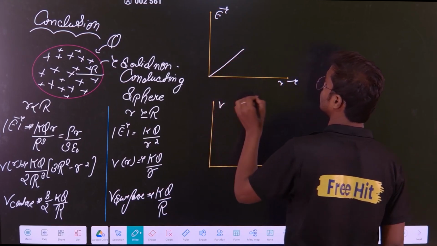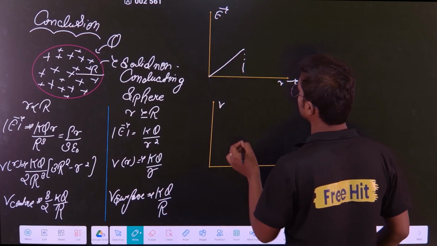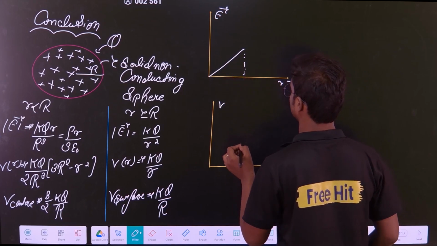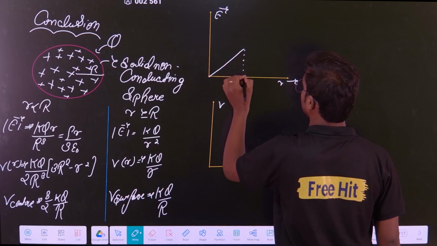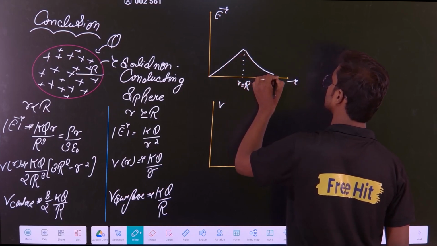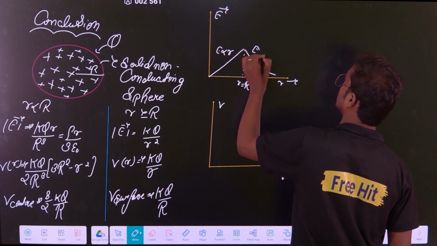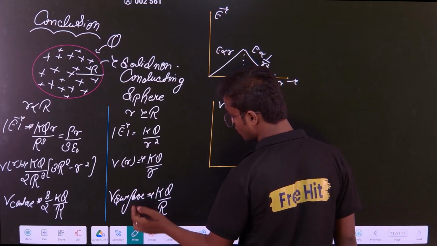It increases up to r equal to capital R, and then it is decreasing with respect to r. So here the electric field is directly proportional to r, and outside it is inversely proportional to r square.